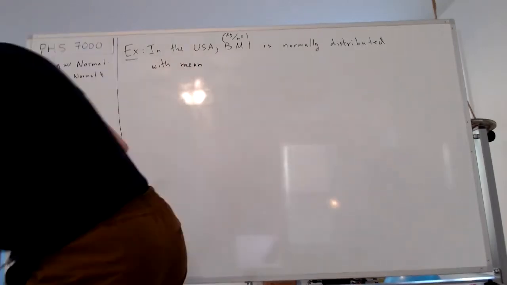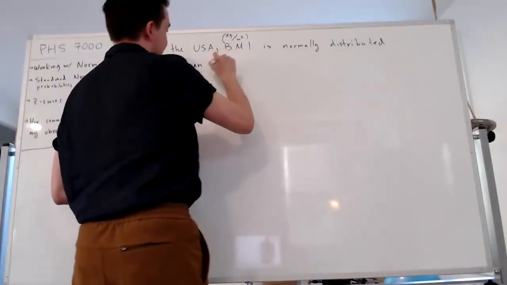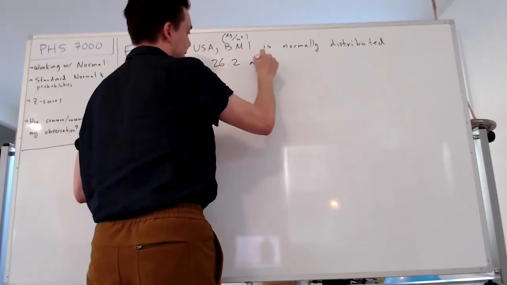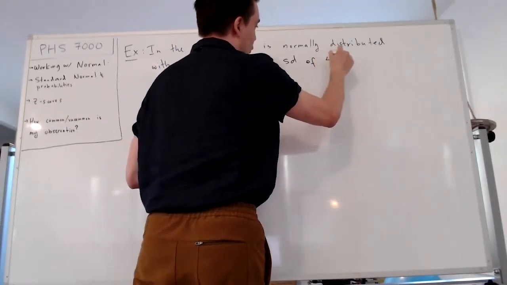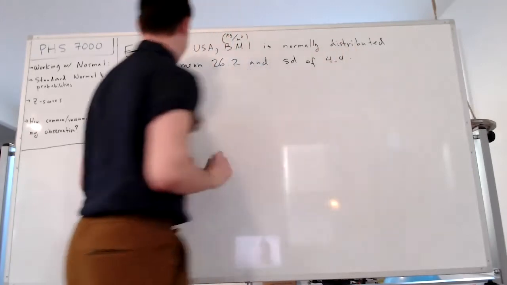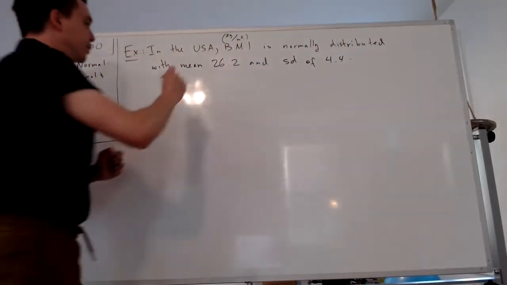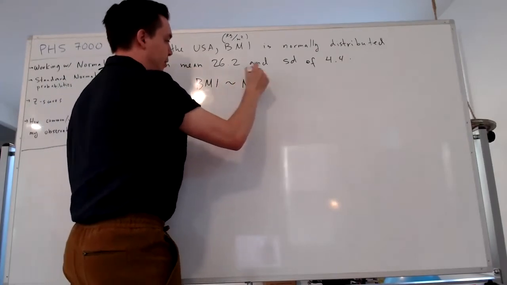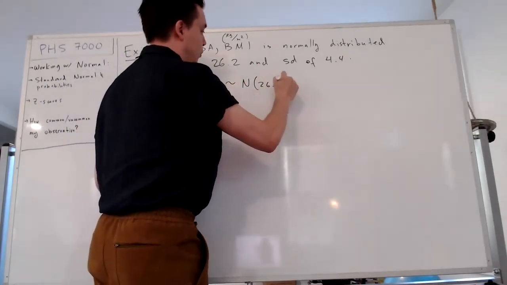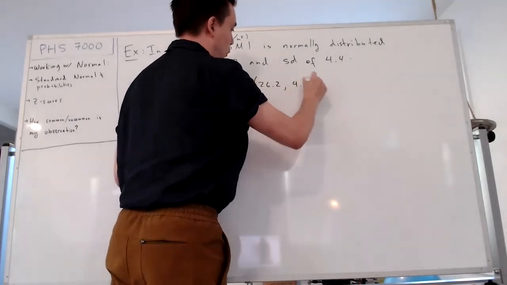With mean 26.2 and a standard deviation of 4.4. Okay, so we can write BMI is distributed according to a normal 26.2, 4.4.